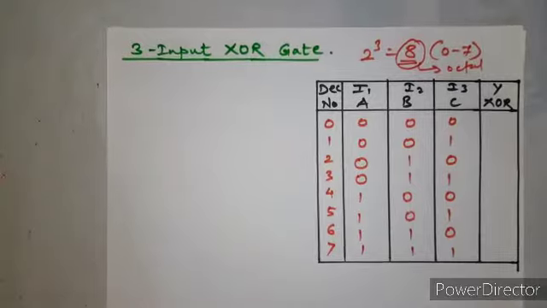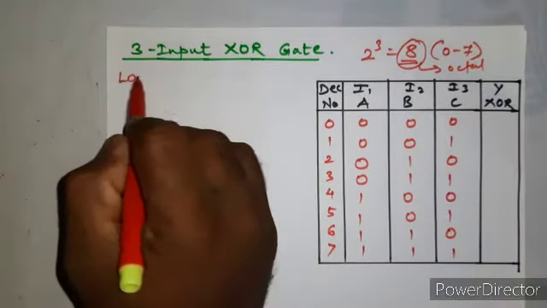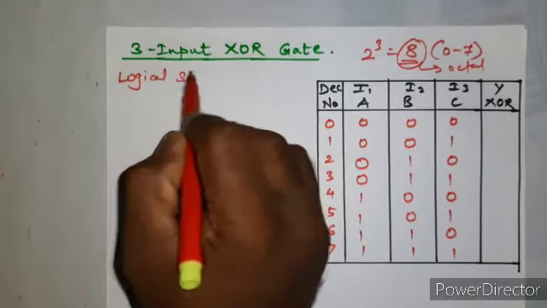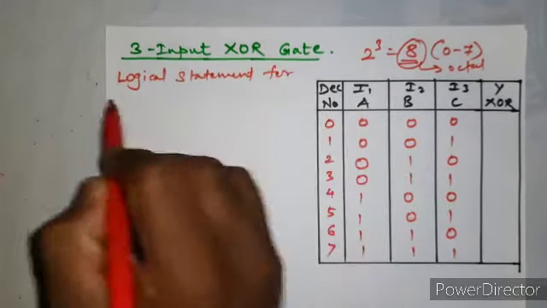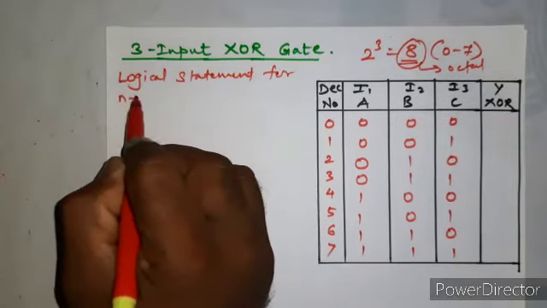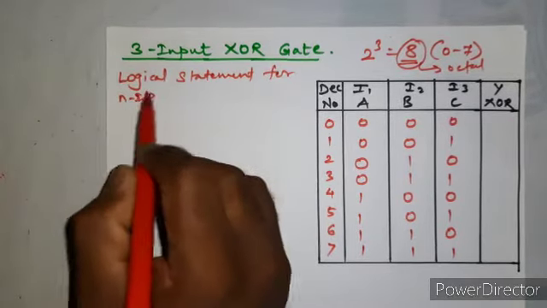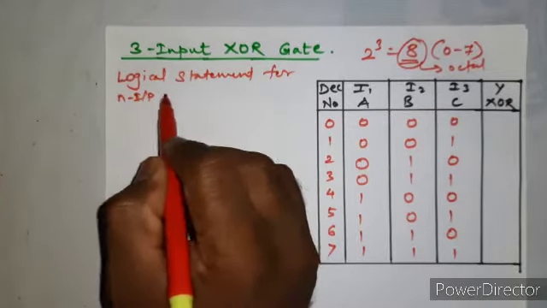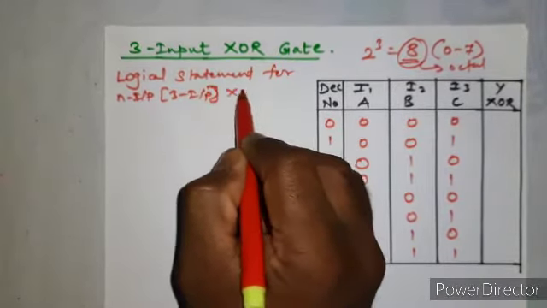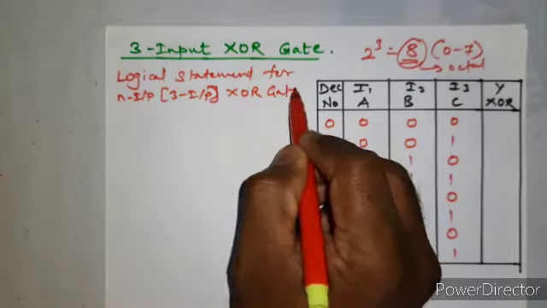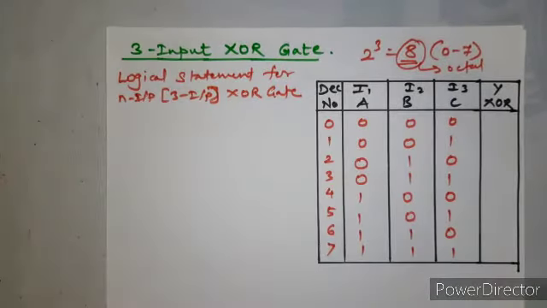First let me write down the logical statement for n input, where n is greater than 2. So for the 3 input XOR gate, what is the statement here?